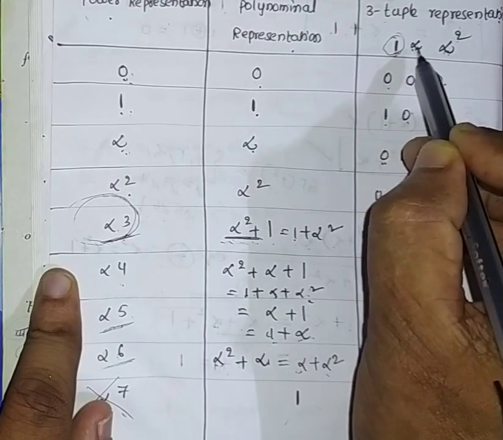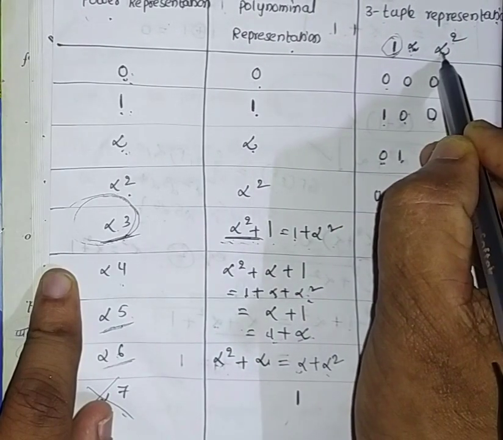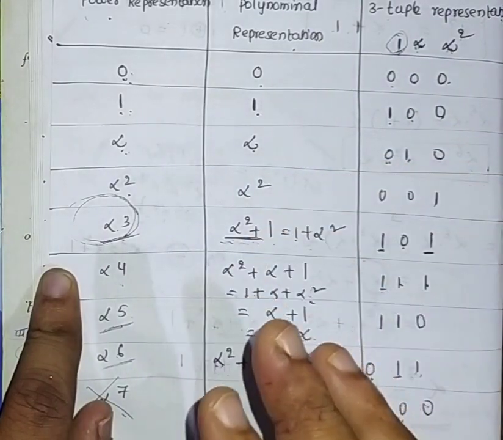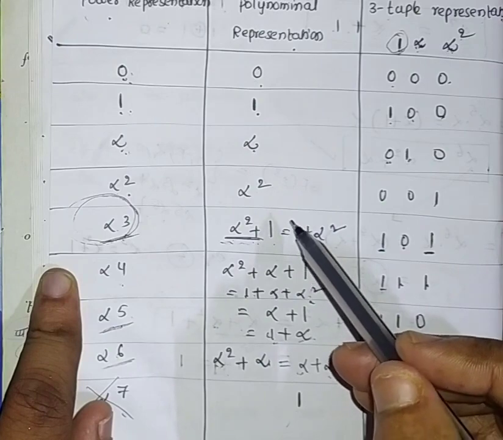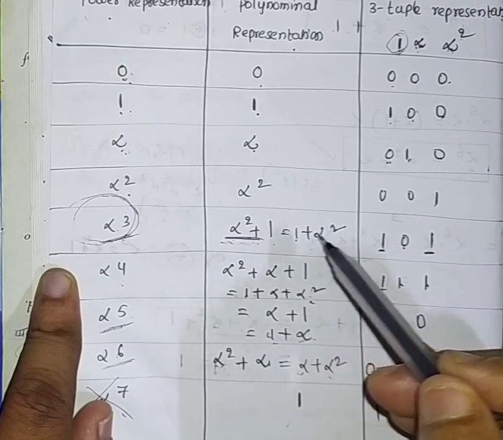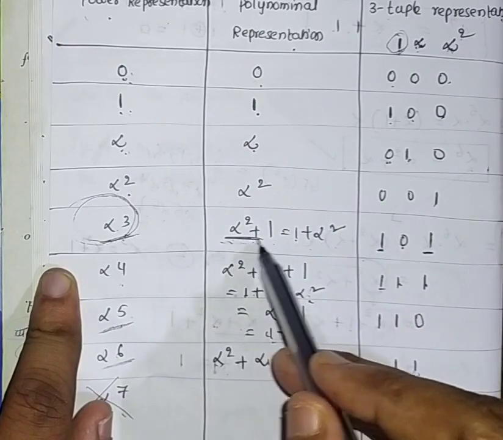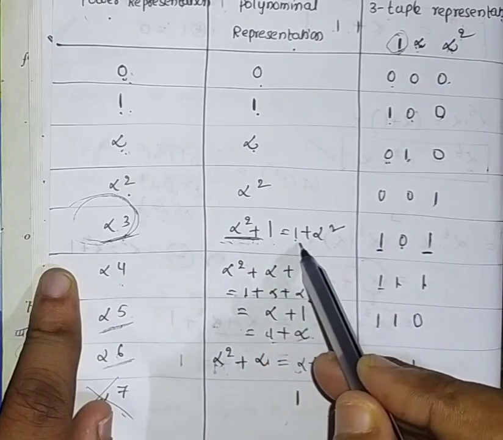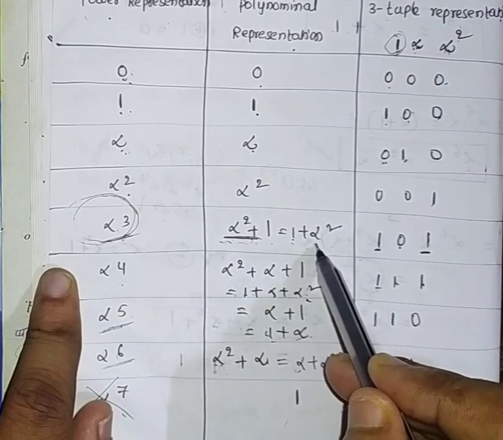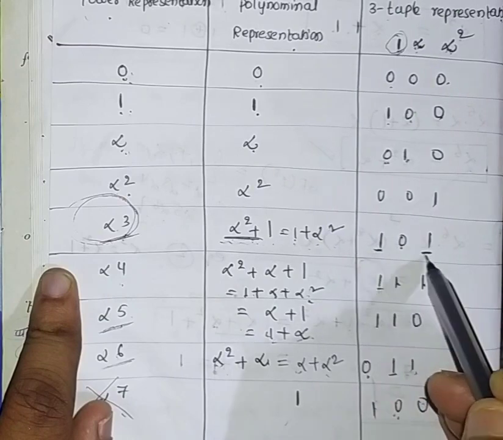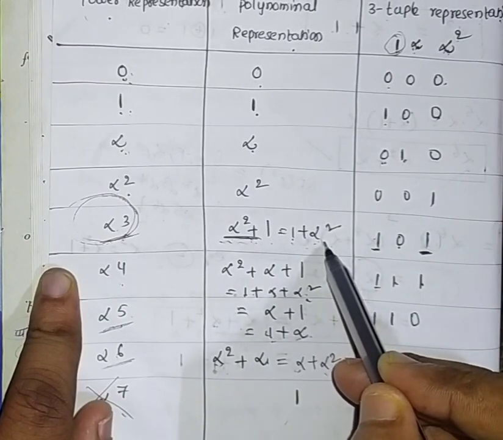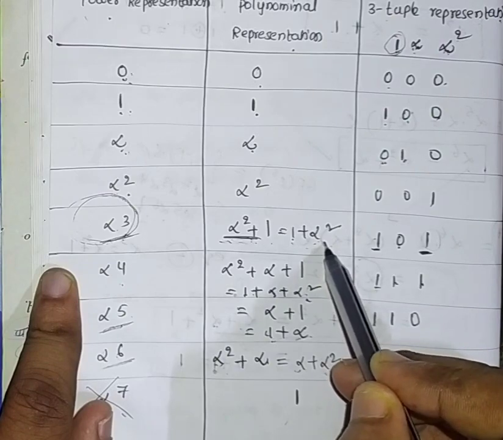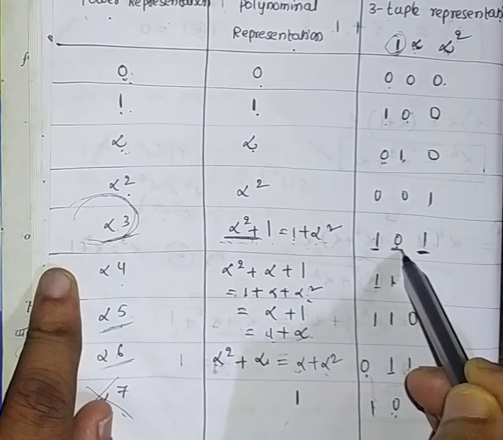In the polynomial, there are three possible values. It is a combination of 1 plus alpha square. So if you consider this equation, in this polynomial, we have only the 1 term and the alpha square term. So therefore, the 1 term is 1 and the alpha square term is 1. There is no alpha term available in this particular polynomial, therefore it is 0.